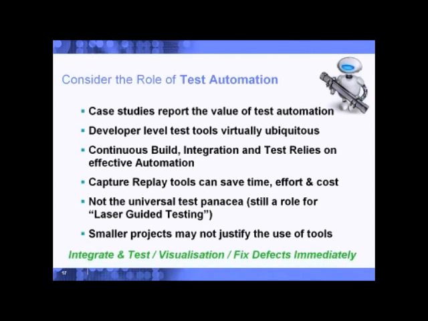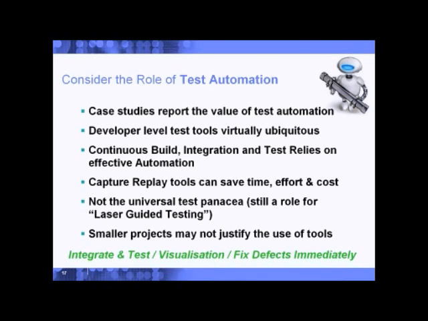Test automation. I think I mentioned that a very large percentage of the case studies reported the successful role and use of automated testing, whether that was down at developer level, where pretty much every case study that talked about developer level testing reported on use of tools, or moving up through the testing process on integration, functional, and performance testing.